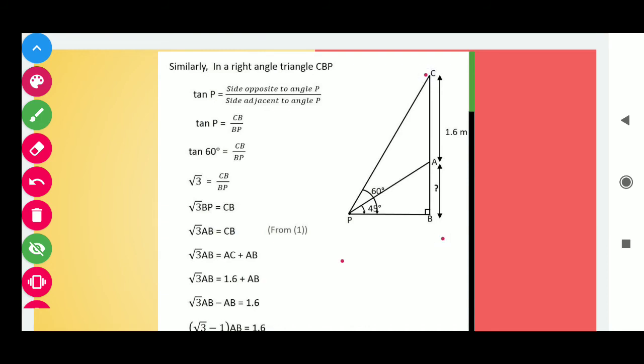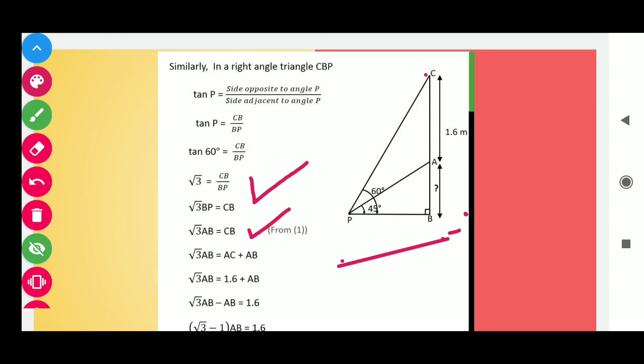Now students, in this perpendicular and base, here is the relation of tan function. Tan P is equal to CB over BP, and angle of elevation is 60 degree. In this way we get tan 60 is √3, that is √3 is equal to CB over BP. Now doing cross multiplication we get √3 AB is equal to CB.